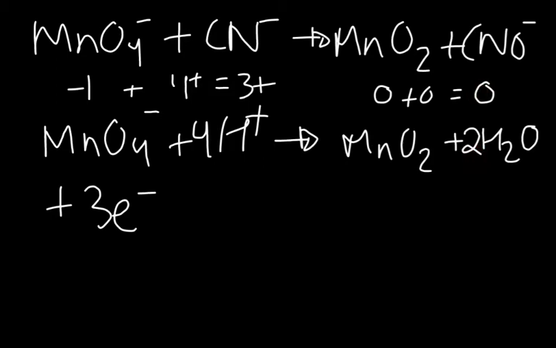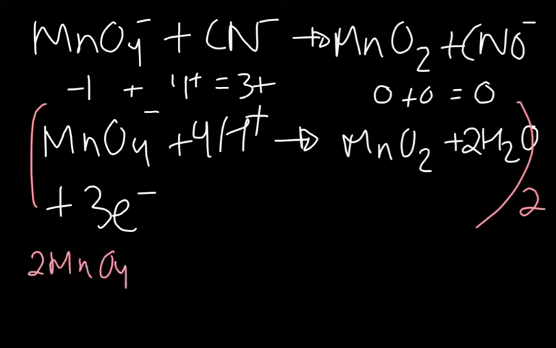Since we have 3 electrons for this half reaction, we have to multiply the entire half reaction by 2 in order to get a total of 6 electrons on both sides of both of the reactions.